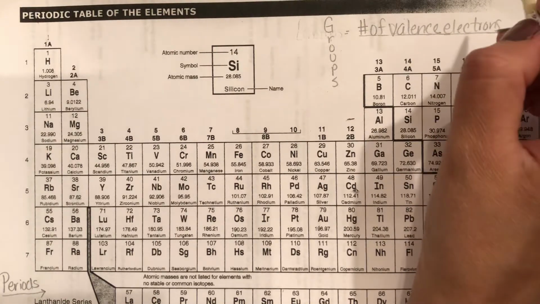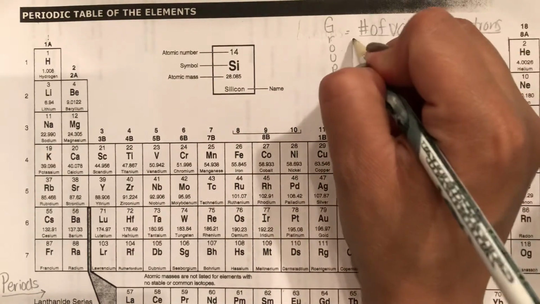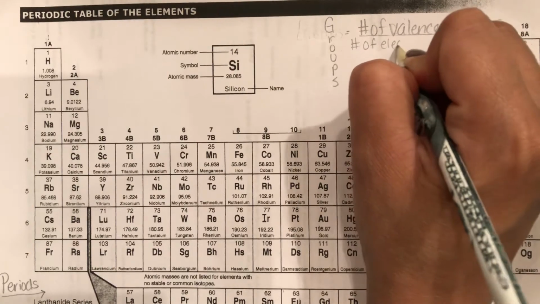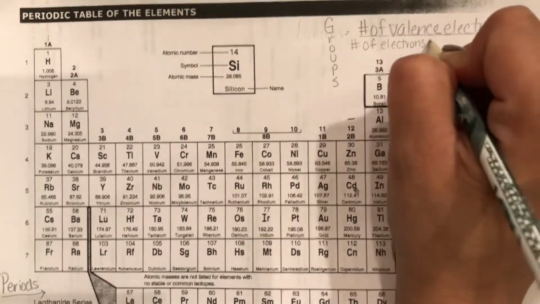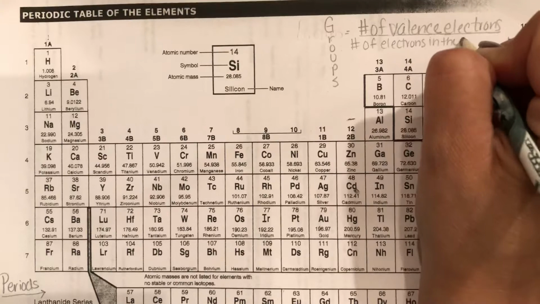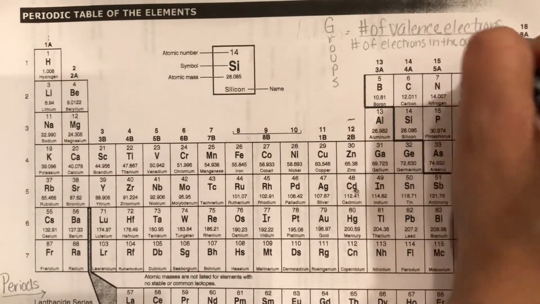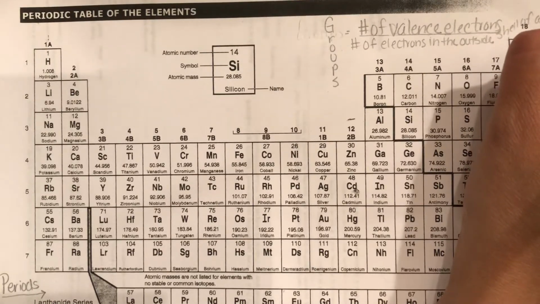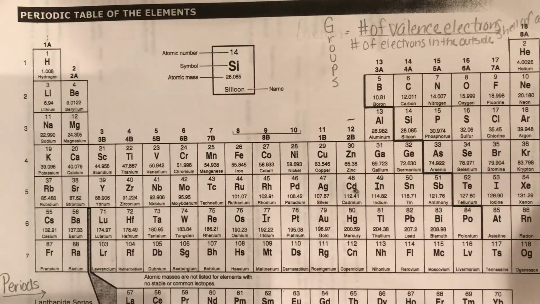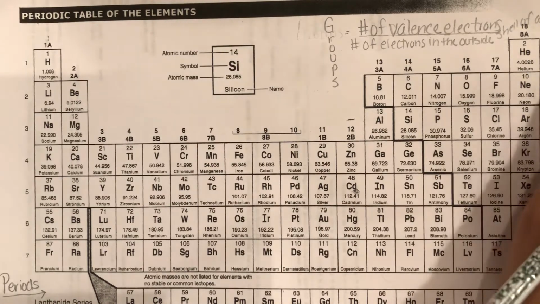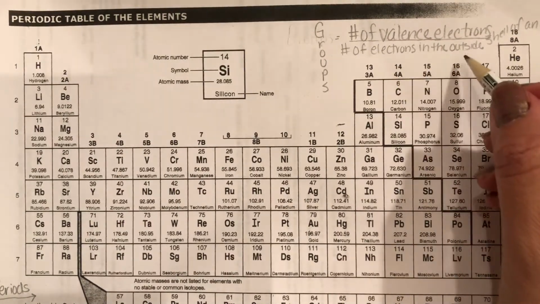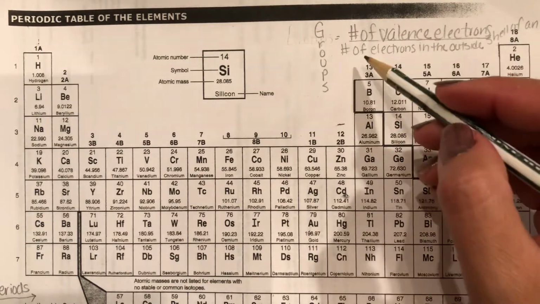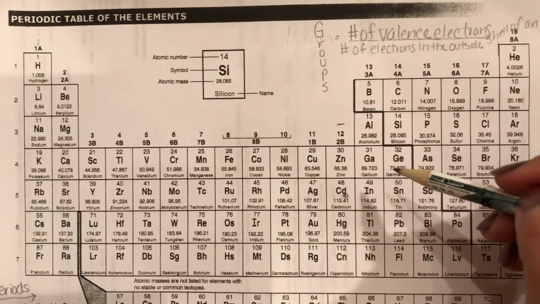And I hope that you guys remember that valence electrons are the number of electrons in the outside shell of an atom. If you didn't write this down, now would be a really good time to do so. The number of electrons in the outside shell, or outside orbital, of an atom is going to be your valence electrons.